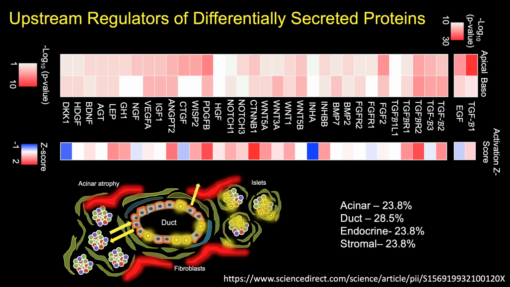So the duct to acinar signaling was about 23.8% of the total interactions. Duct to duct was about 28.5%. Duct to endocrine and duct to stromal was 23.8% each. This indicated that the differential secretome from CF ducts affected both endocrine and exocrine pancreas.